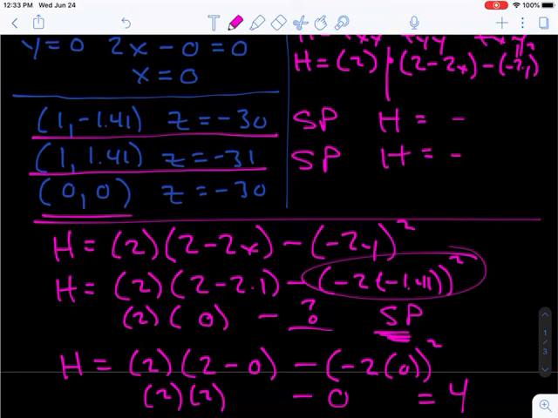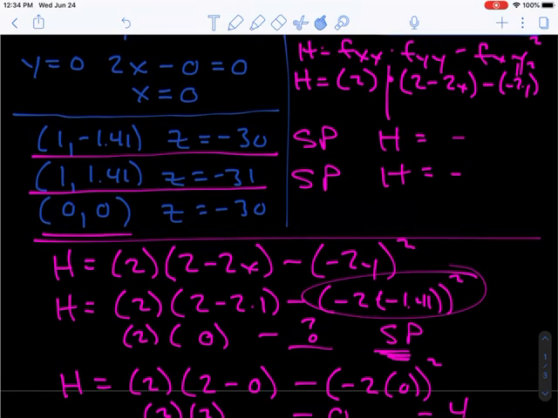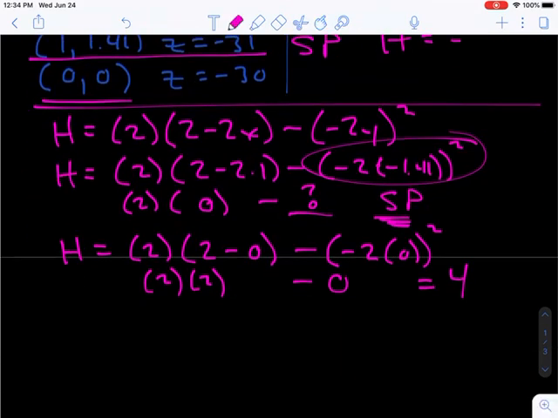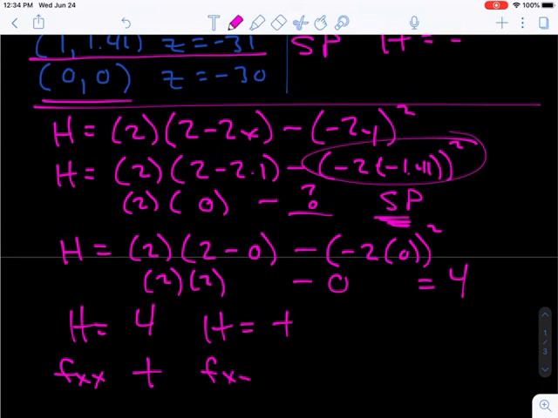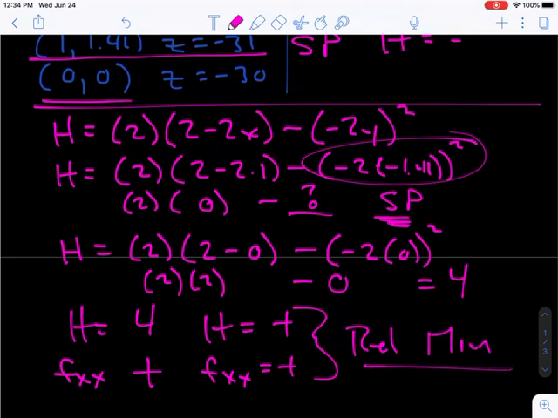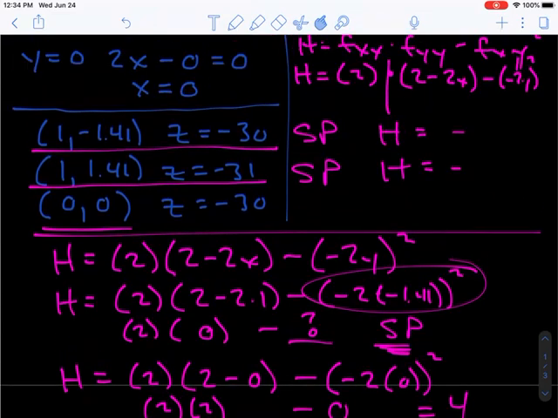The Hessian is positive, that's what we're looking for. So h equals 4. Then we have to look at the sign of fxx, which, remember, was positive 2. So when h is positive and f of xx is positive, then we have a relative min. So we have a relative minimum.